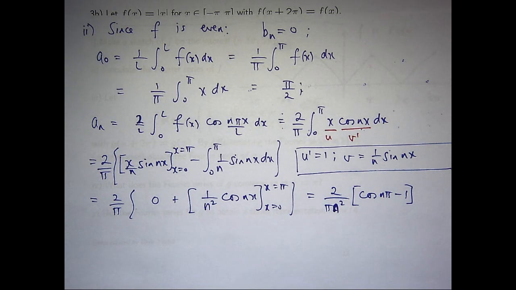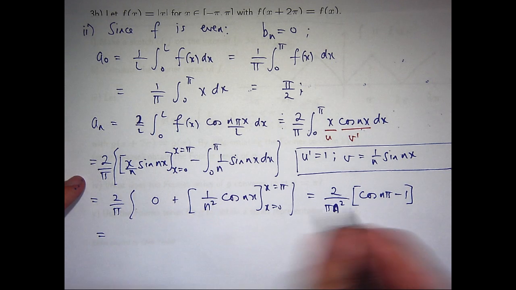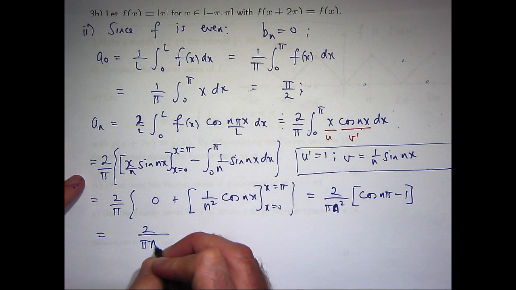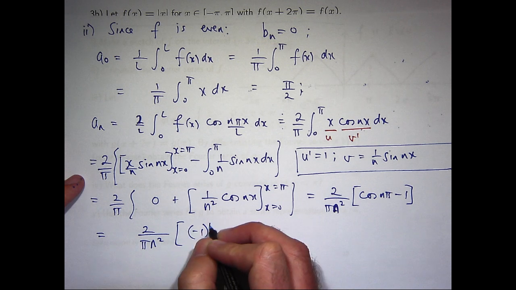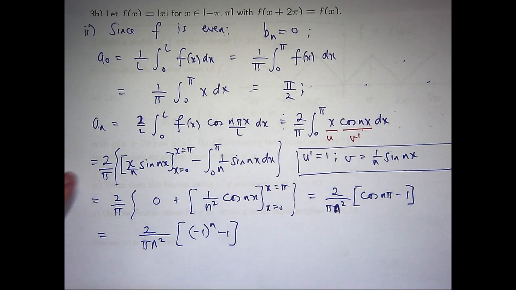Well, we're slowly forming our representation for the a sub n, the cosine coefficients. Well, what's cos n pi? It alternates in sign, right? Between positive 1 and negative 1. So I can actually write this in the following way. Now we've simplified cos n pi.